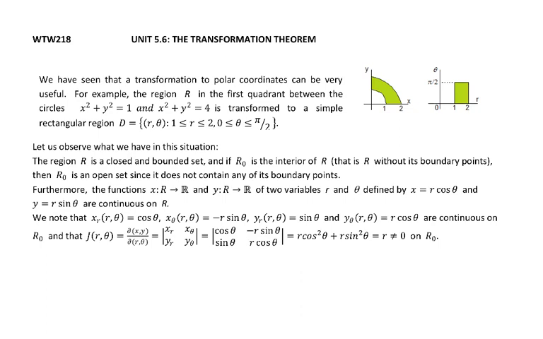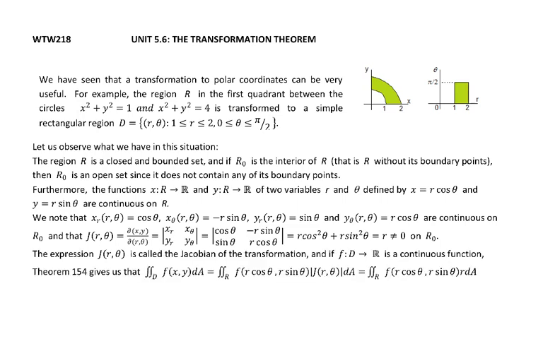Therefore, the expression J(r, theta), which is defined as a determinant, makes sense. As you can see, it turns out that J(r, theta) is equal to r, and r is not 0 on R0, which is the interior of the region R. The expression J(r, theta) is called the Jacobian of the transformation.